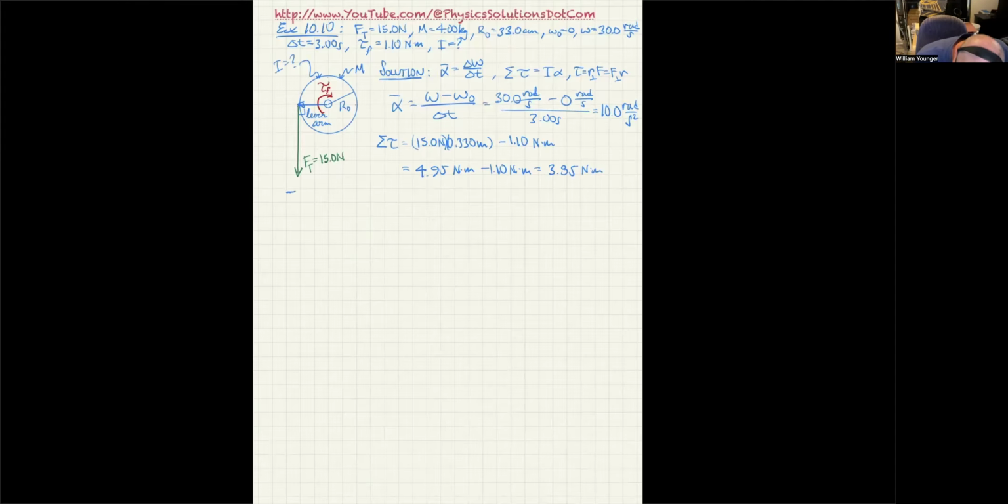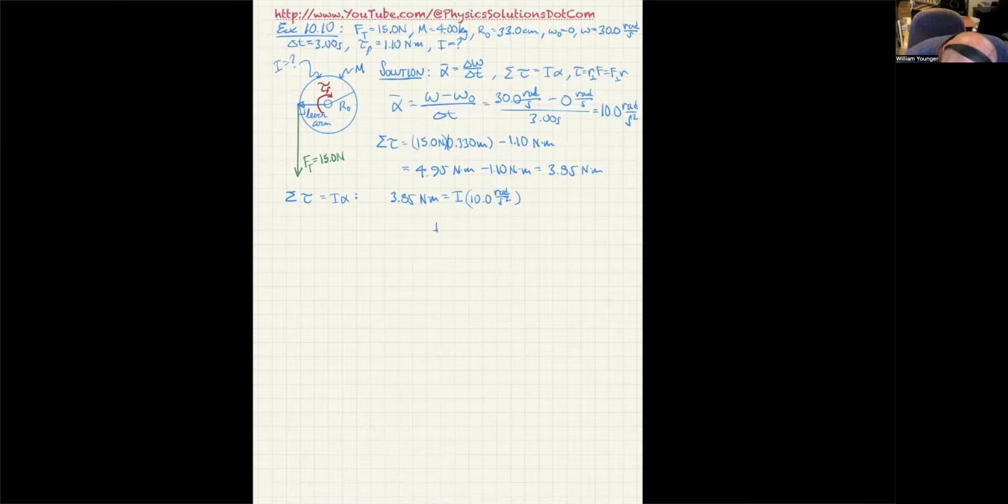So now if we go ahead and apply Newton's second law for rotation, we get the summation of the torques is equal to I times alpha. And in this case, that's going to be 3.85 Newton meters is equal to I times alpha. And we already figured out that alpha is 10.0 radians per second squared.